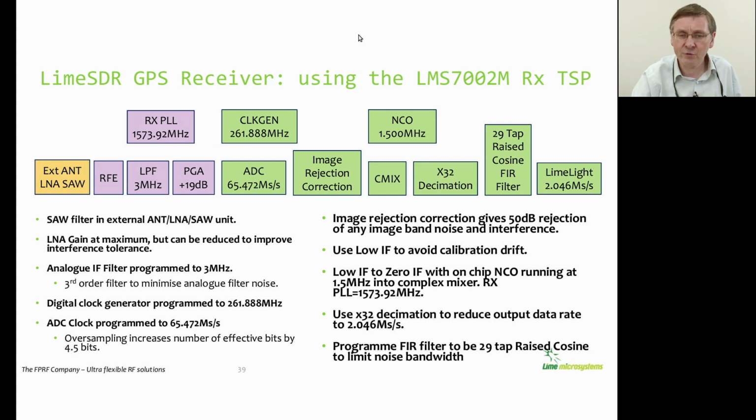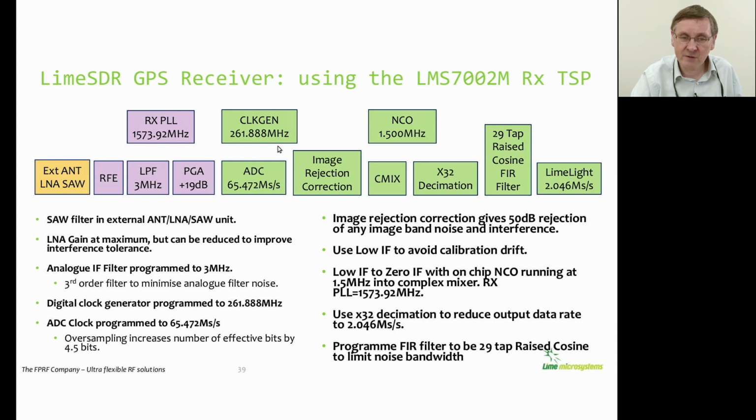We did an example for a Sat-nav application. This used an external antenna which contained a LNA and a SAW filter, and then this came into the analog part of the 7002, and we configured the LNA for maximum gain, though that's not strictly necessary. We had a 3 megahertz low-pass filter, and we had the variable gain IF amplifier at maximum gain. The synthesizer was tuned to 1575.42 megahertz.